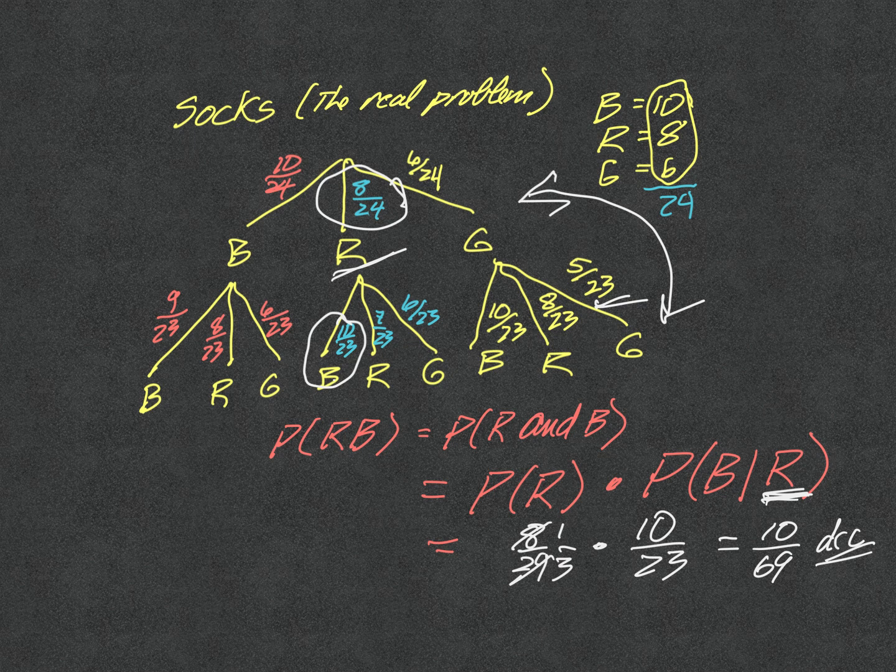And so, therefore, they're dependent rather than independent. So you have to kind of keep that straight. Now, that's a good example of that problem, and this is the multiplication rule in action.